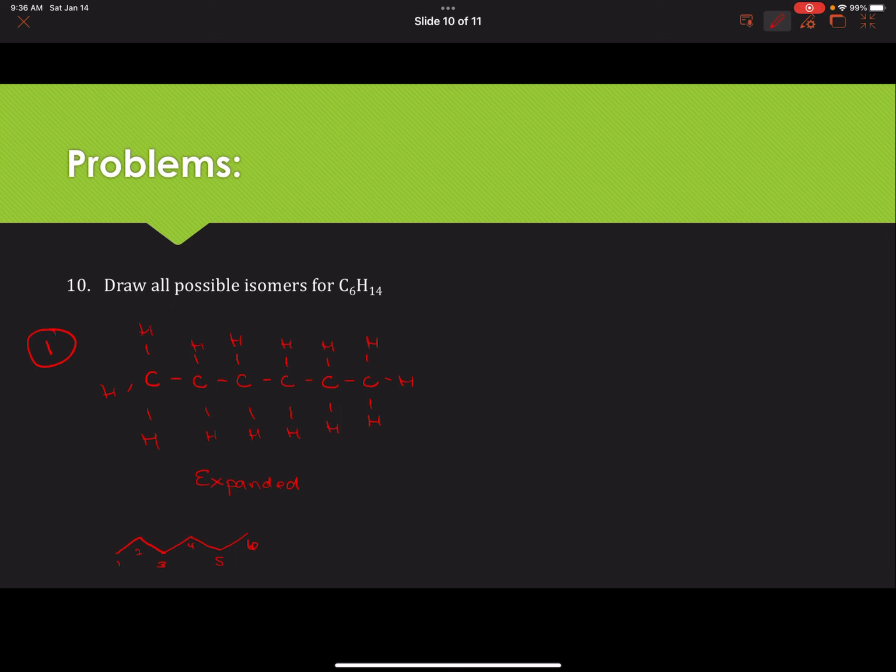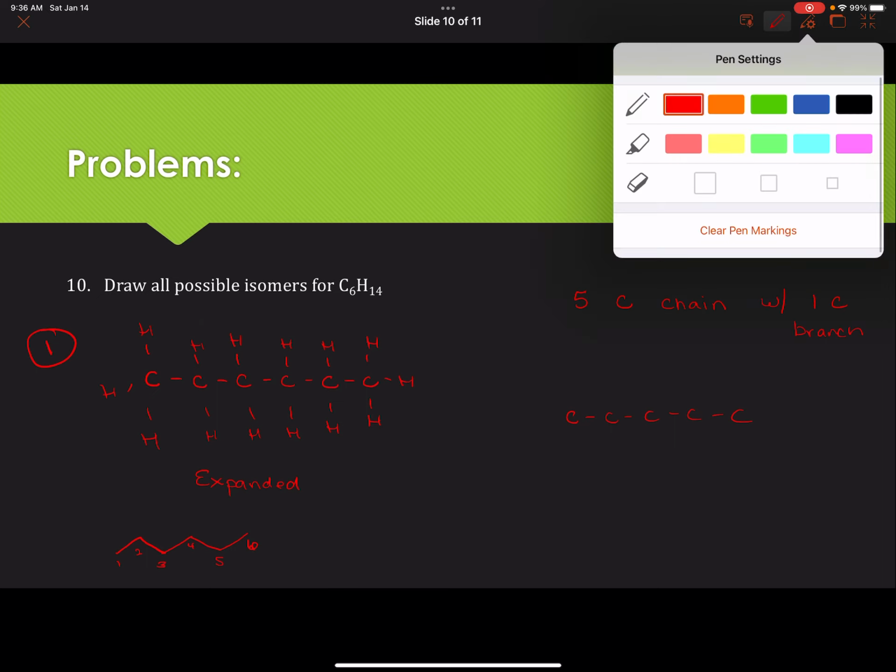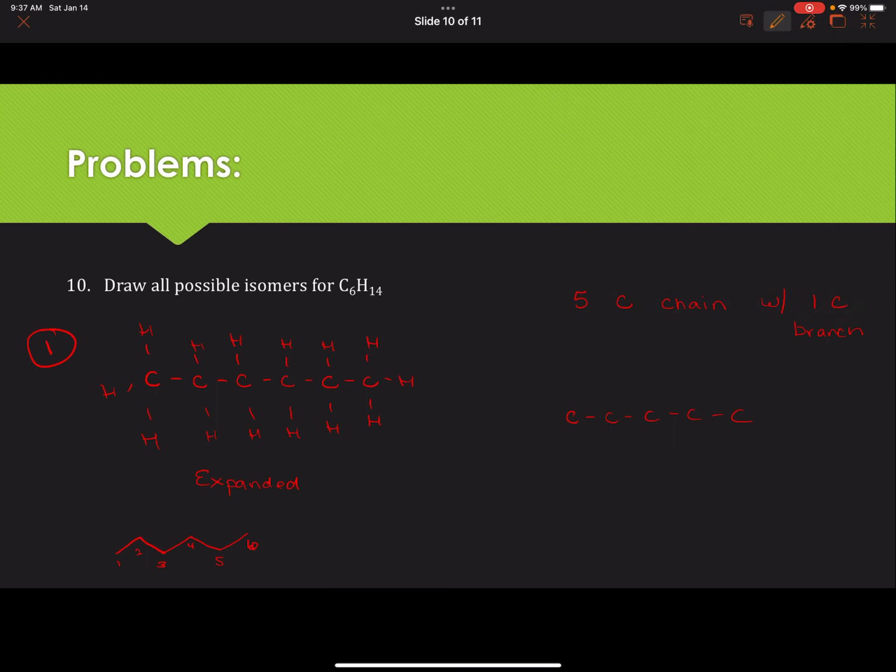Then we're going to take a branch off of the end. So if I take a branch off the end, we're going to drop to a 5-carbon chain with a 1-carbon branch. So I can draw my 5 carbons connected in a row. I need to place my branch on an interior carbon. I have 3 options.